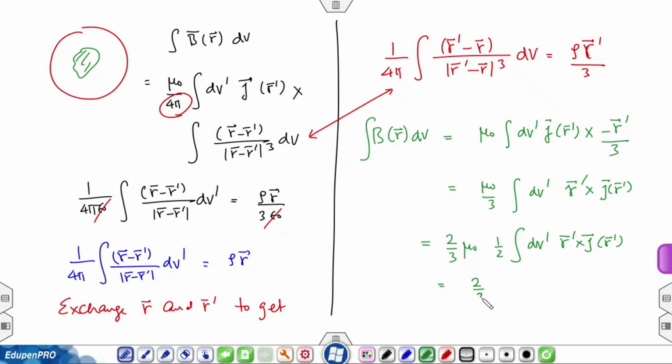So, 2/3 mu naught m. So, I have shown if this current distribution is enclosed in a sphere, then the integral of B over that sphere comes out to be 2/3 mu naught m.